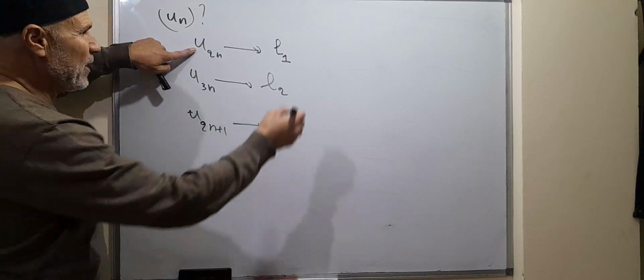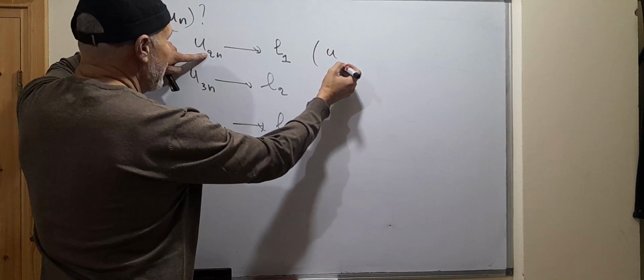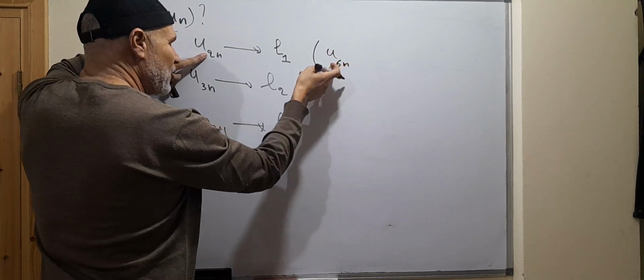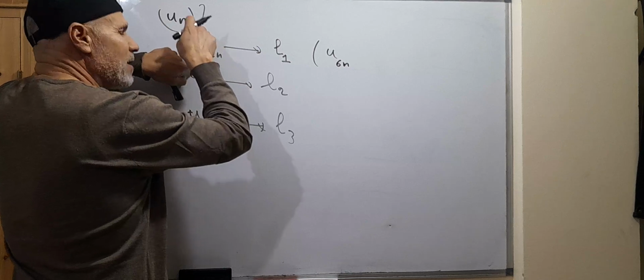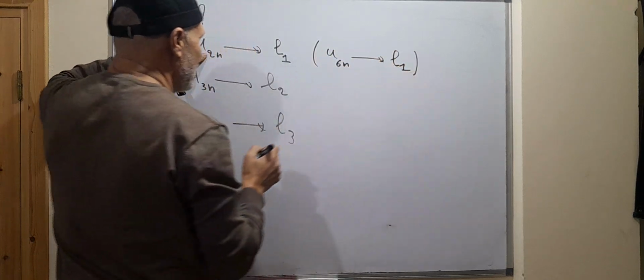From this one, we can deduce u with n times 3, so u_{6n}, which is a subsequence of this subsequence, and we are sure that it converges to L1.